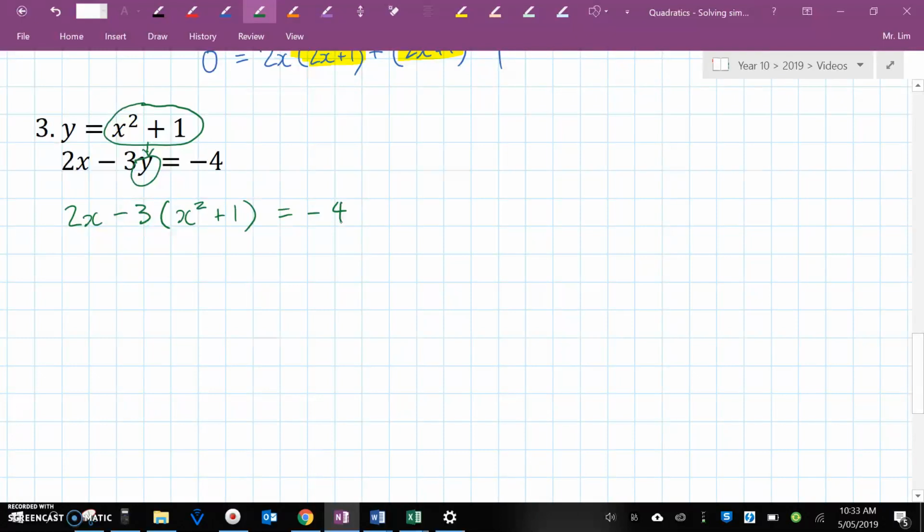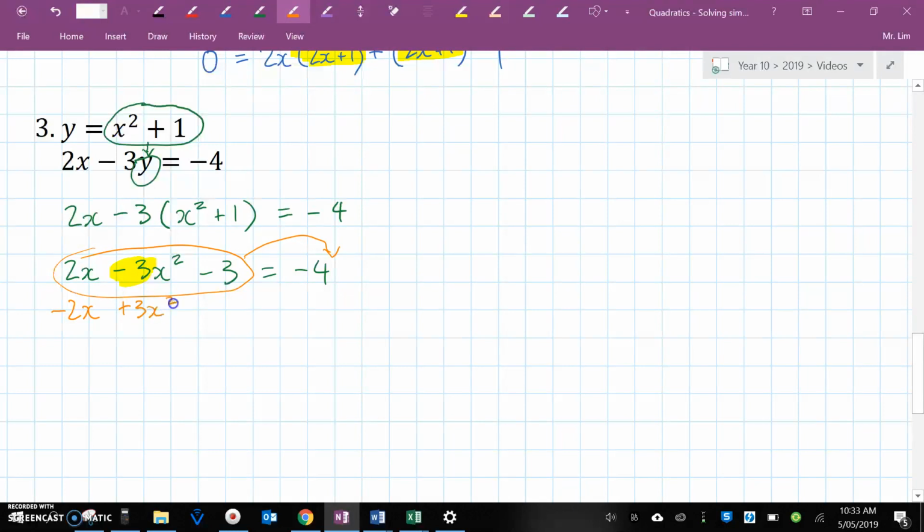I'm going to expand my brackets. 2x minus 3x squared minus 3 is equal to minus 4. Is x squared positive? No, it's not. It's negative, so that means we are going to move all of this to the other side by minusing 2x, adding 3x squared, and adding 3.